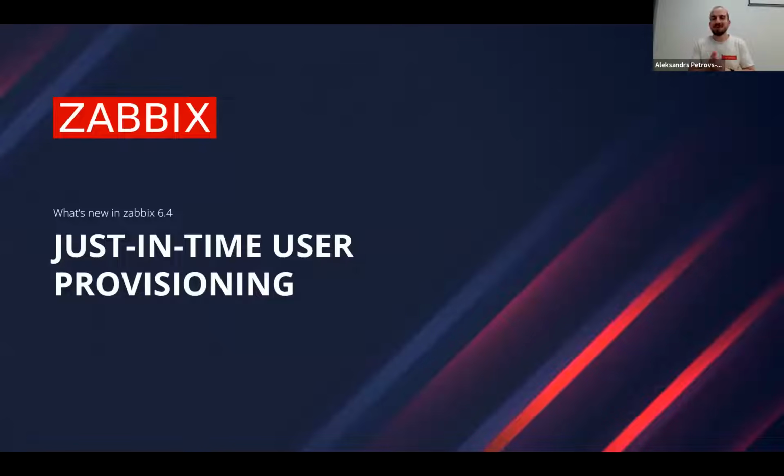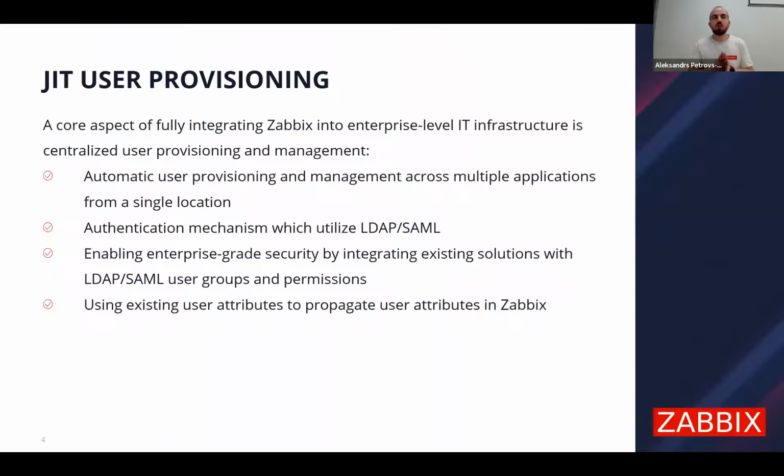So just-in-time user provisioning, or in other words, JIT user provisioning. So of course, any company uses, well, definitely more than at least one application, than one software product. And most of them nowadays, for security reasons, do require some authentication.